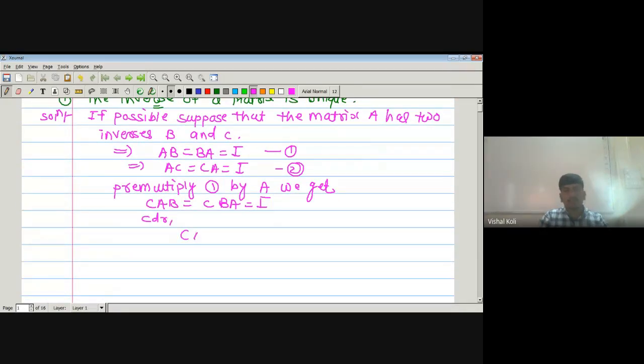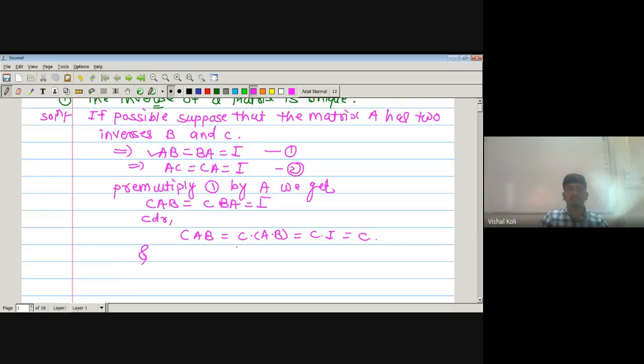CAB can be written as C into matrix A into B. Since matrix multiplication is associative, we can write C into AB as C into A into B. From equation 1, A into B is equal to I, and C into I, that is, the multiplication of any matrix with the identity matrix, is nothing but the matrix itself, that is C.